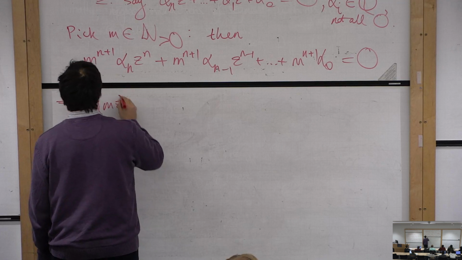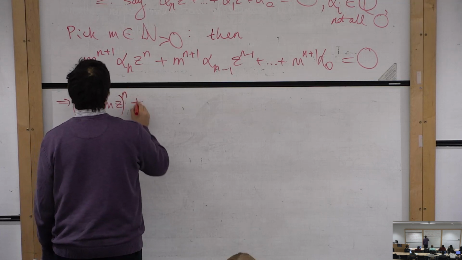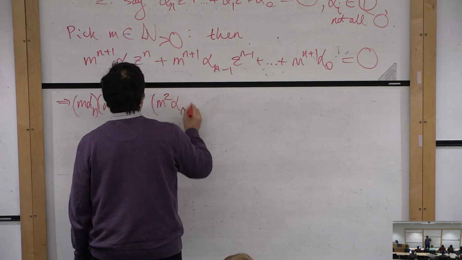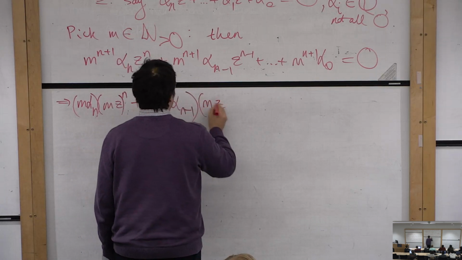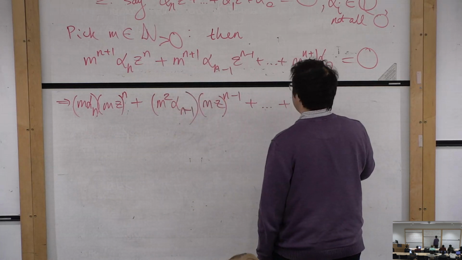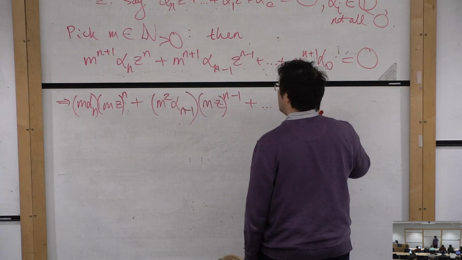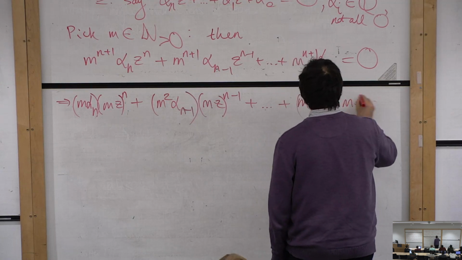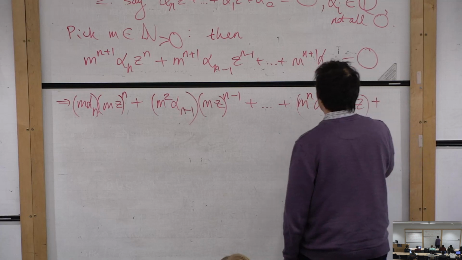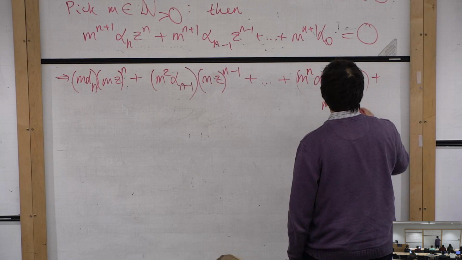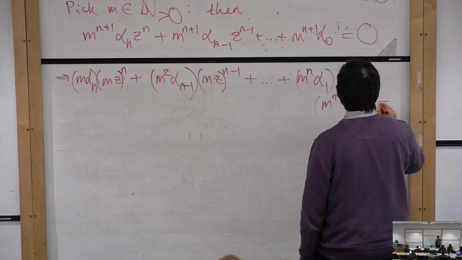So we get m z to the n plus m squared alpha n minus 1 m z to the n minus 1 and so on. So this is what clearing denominators means, plus m to the n alpha 1 m z plus m to the n plus 1 alpha naught, which is 0.